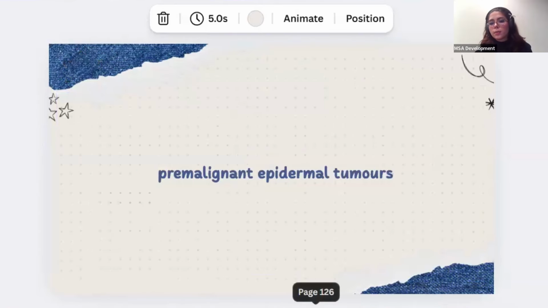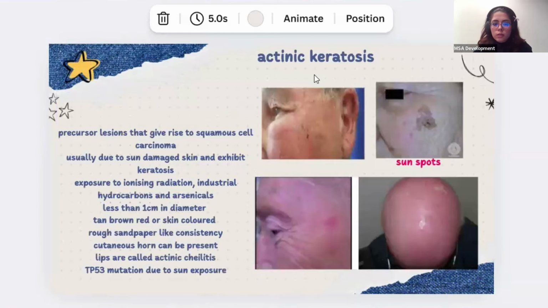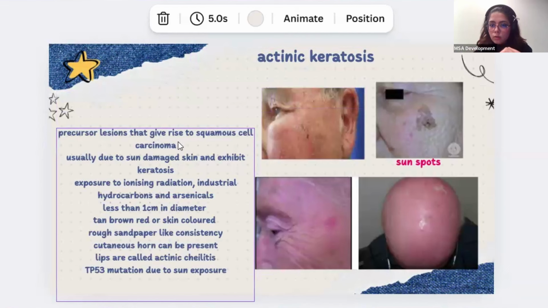Okay, these are pre-malignant epidermal tumors. It's not malignant yet. Actinic keratosis, a precursor lesion that gives rise to squamous cell carcinoma. This is where I got confused with the lentigo. I thought lentigo would give squamous cell carcinoma. No, that one is fine. It's just hyperplasia of the melanocytes. You're good.